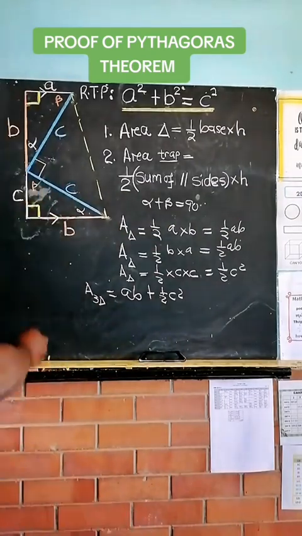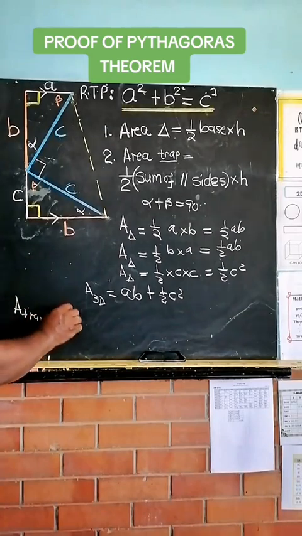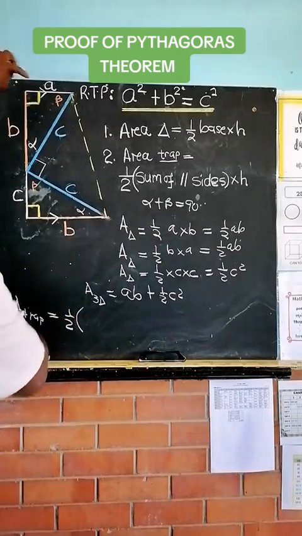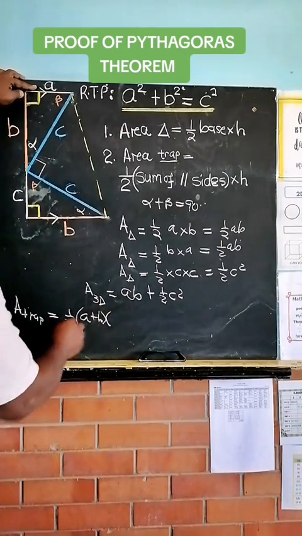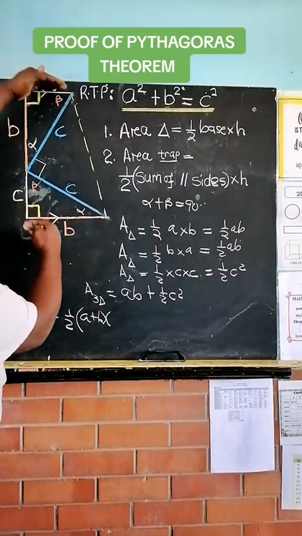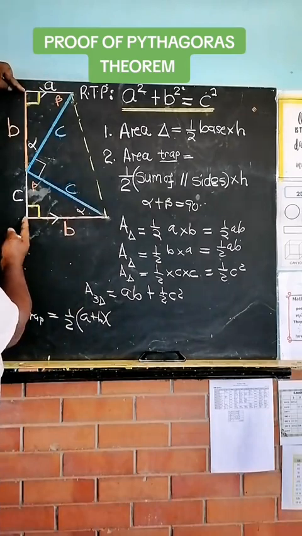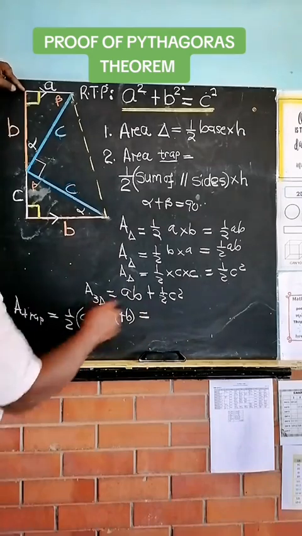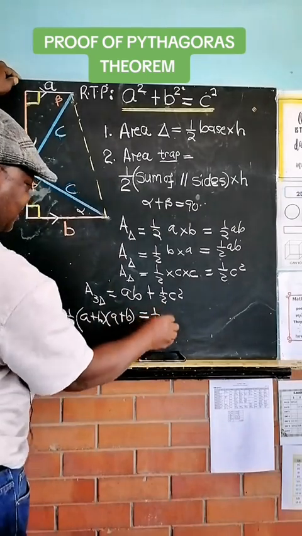So I'm going to say area of trapezium is equal to half of, which two sides are parallel? It's A and B, so it's A plus B multiplied by height. The height is the perpendicular distance between these two parallel sides. So this is my height of the trapezium, which is also A plus B. This is equal to half, I'm going to keep it outside.